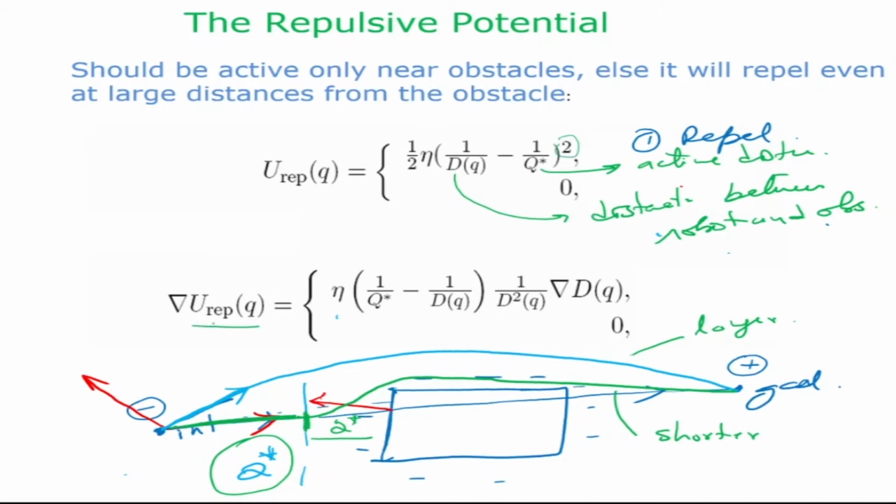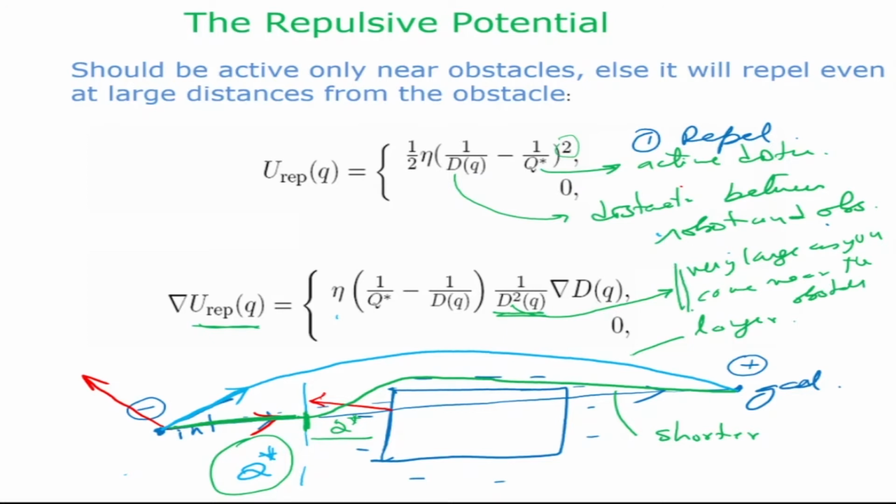Now if I take the grad of this, what will be the grad of this? The grad of this is zeta 1 by q star minus q d, and you get a 1 by d squared here. So what is happening here is that we are having a d star here, and this is coming in the denominator. So it basically means that it will become very large as you come near the obstacle.